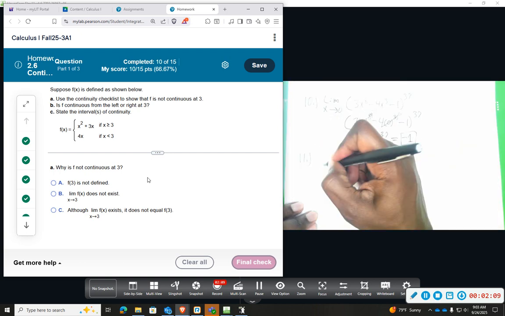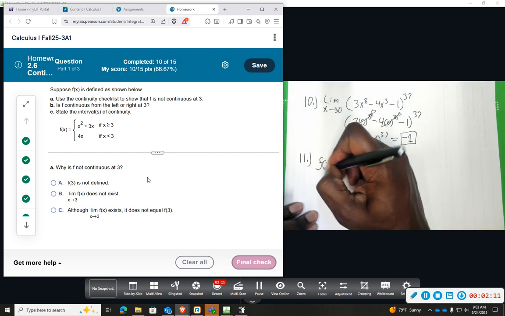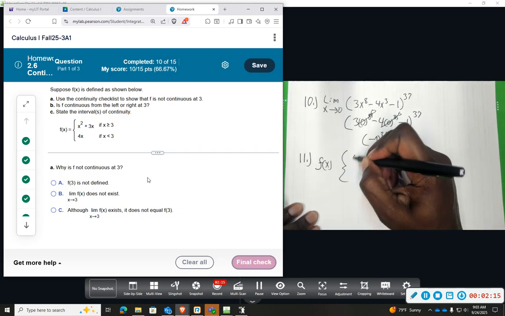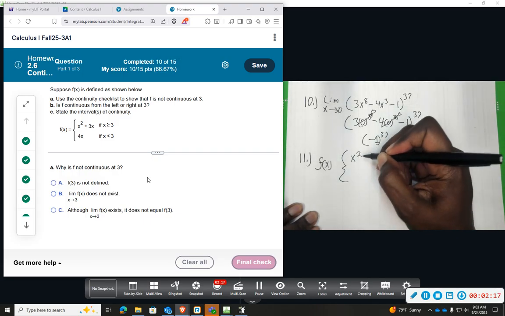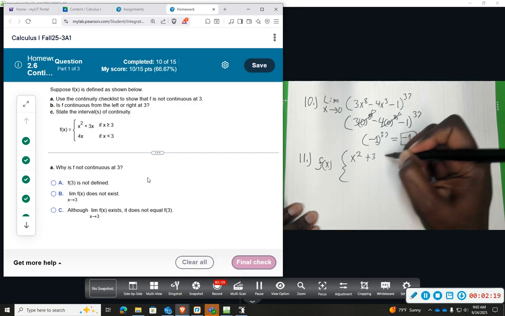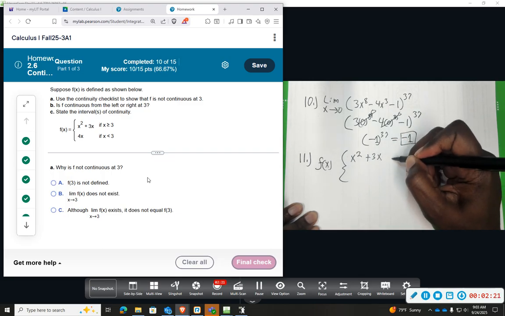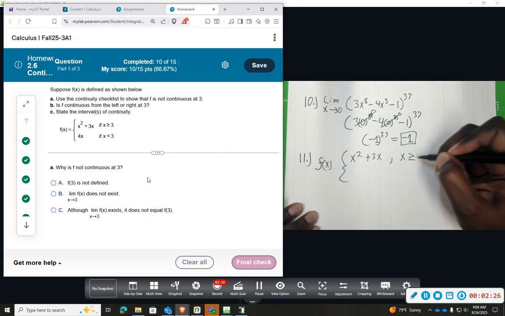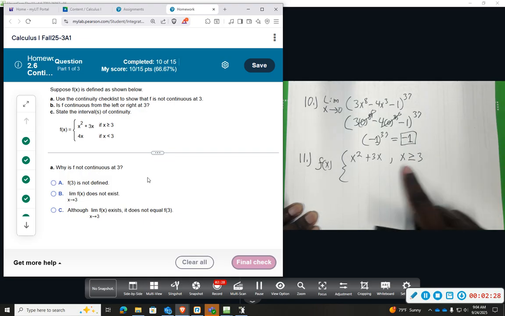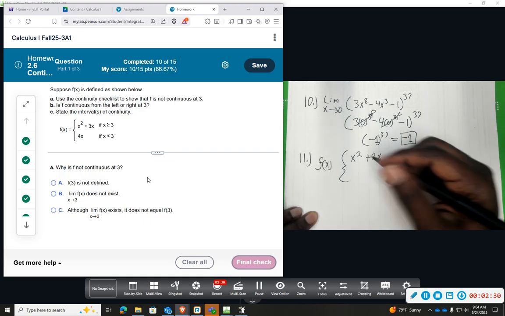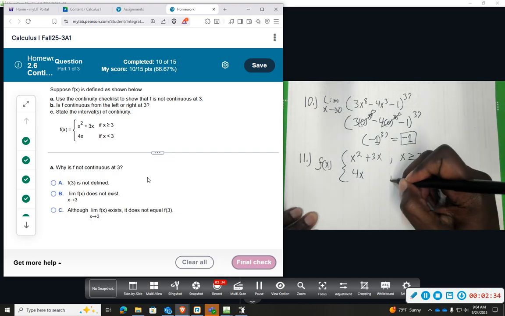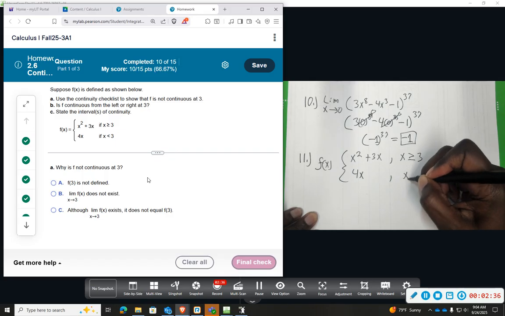So we have a piecewise function. f of x is equal to x squared plus 3x, and that is for x greater than or equal to 3. So that's 3 and above, and then we use the function 4x whenever x is less than 3.